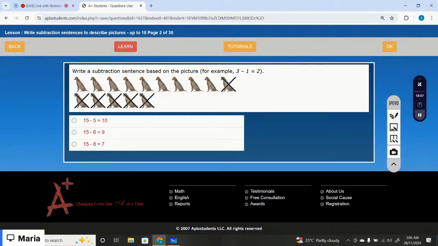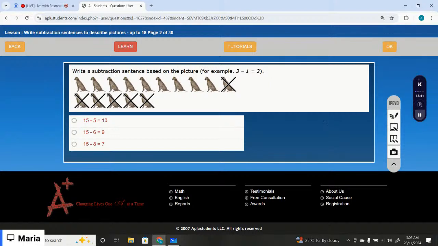Write a subtraction sentence based on the picture. So, which is the correct option? Option number one?